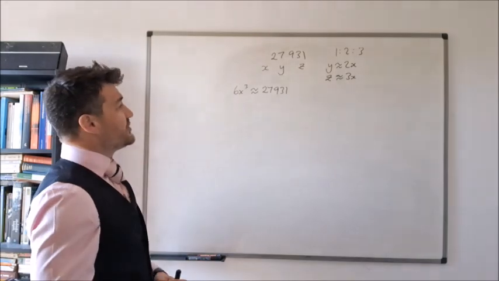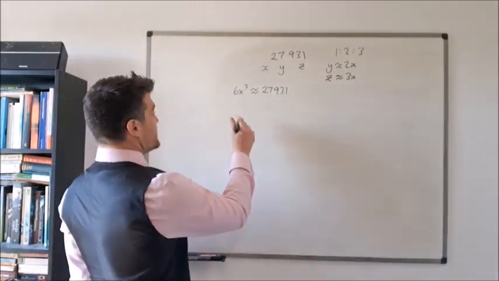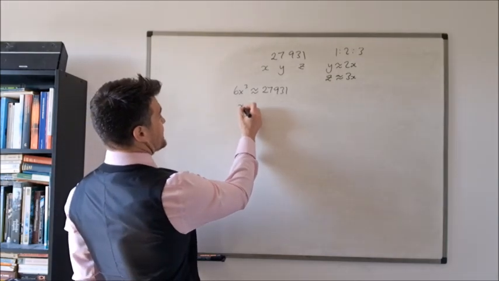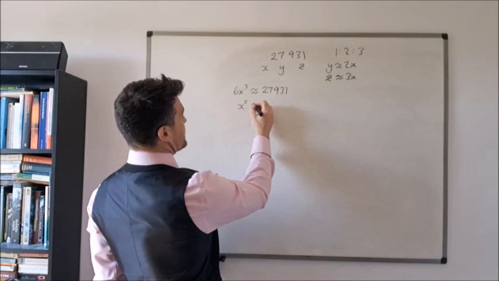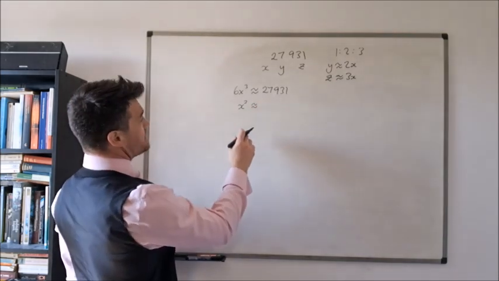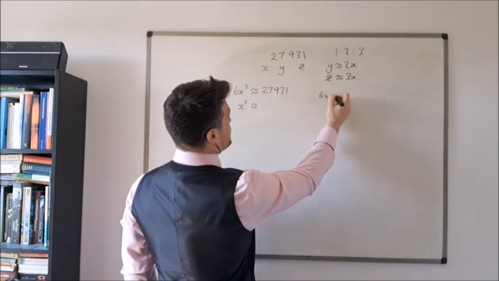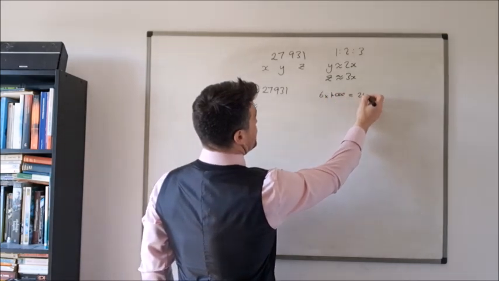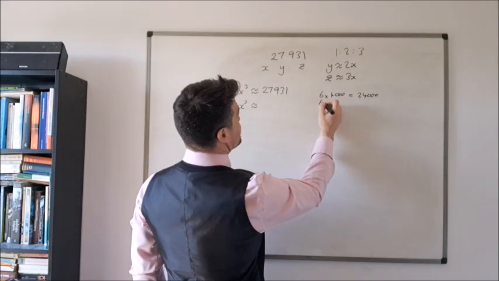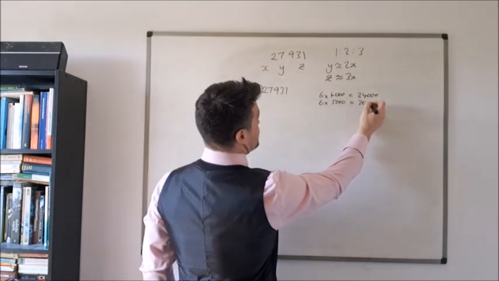So 6x cubed is approximately equal to 27,931. So that means that x cubed is going to be approximately equal to, what's this, divided by 6? Well, 6 times 4,000 is 24,000, and 6 times 5,000 is 30,000.